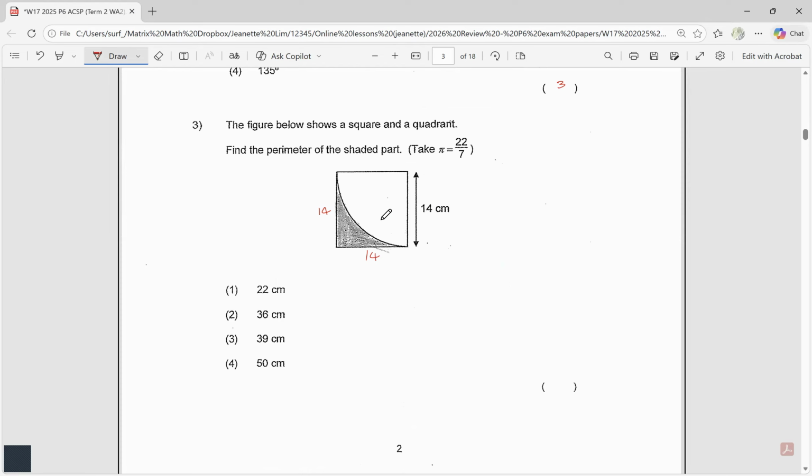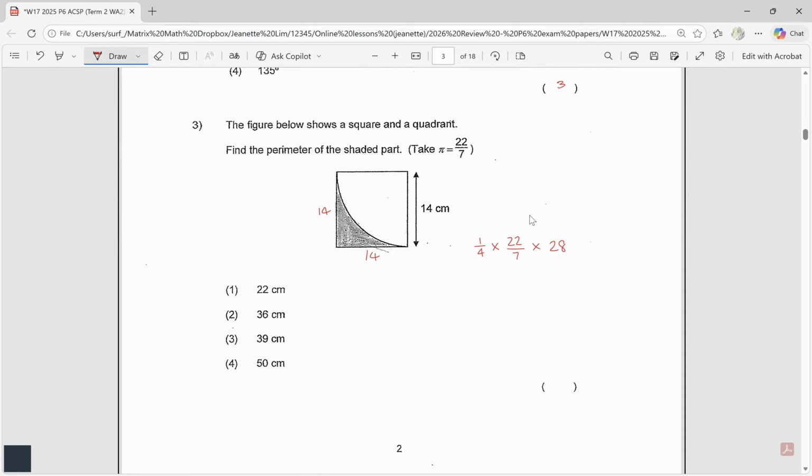The circumference of a circle would be pi times diameter. So if this is the arc of a quadrant, it is 1/4 of that. So 1/4 times pi, your pi is 22/7, times the diameter. So the diameter is 28, because 14 is the radius.